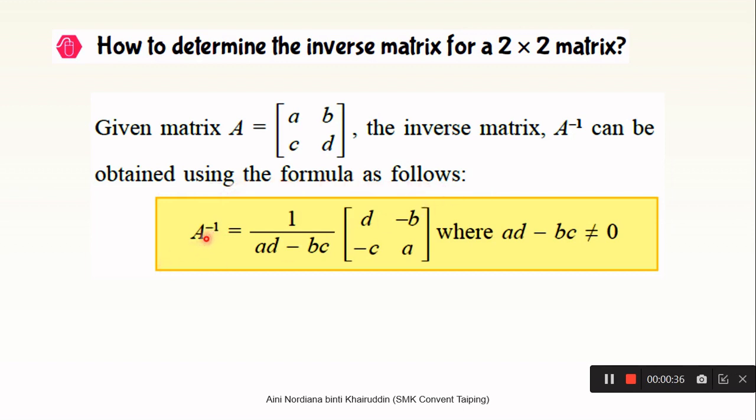The inverse matrix of A equals 1 over AD minus BC.